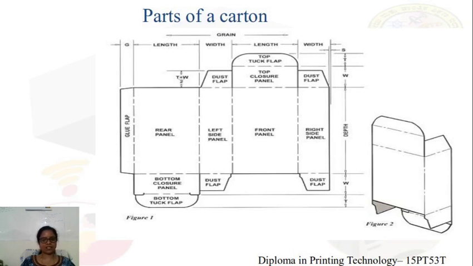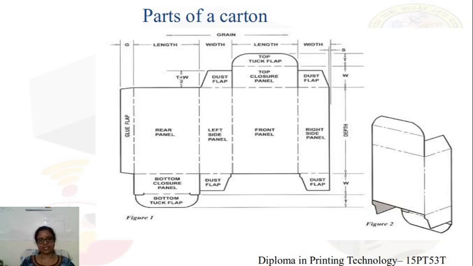Next comes the rear panel. The rear panel is the back panel. The rear panel is always measured with length. Also, the front panel is measured in terms of length. It is important to maintain the rear panel and the front panel with the same dimensions.